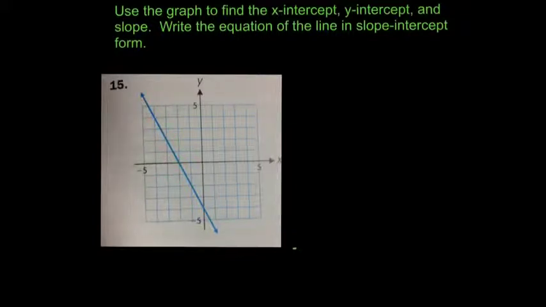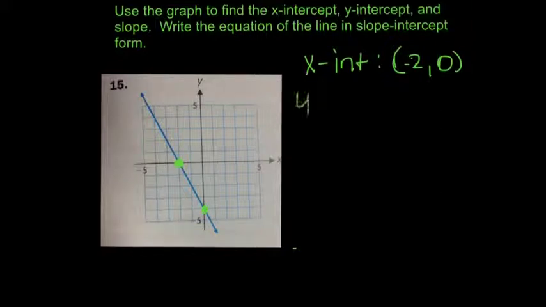So my x-intercept would be the point -2, 0. The y-intercept is the point where the graph crosses the y-axis, so that's down here, which is the point 0, -4.